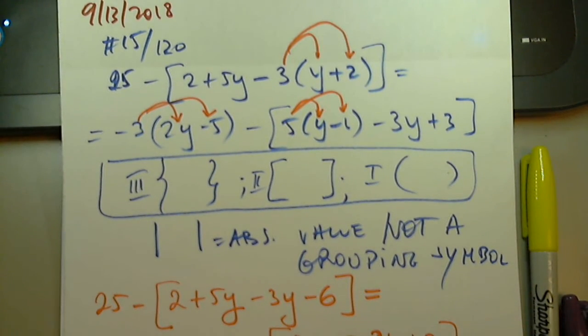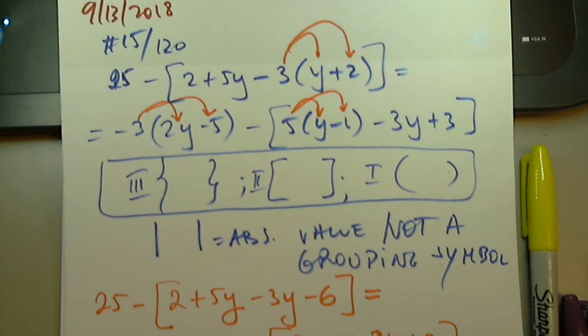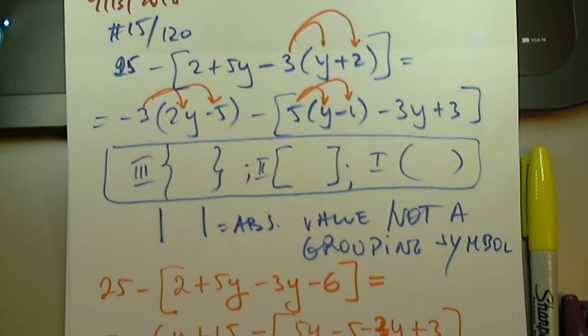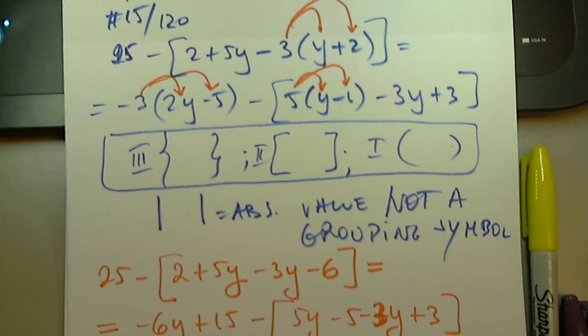So I copy 25 minus a bracket, and now I have to perform the operations in brackets and simplify everything I have, but I have to present the answer in descending order. So 2y minus 4 indeed equals. I copy negative 6y plus 15.